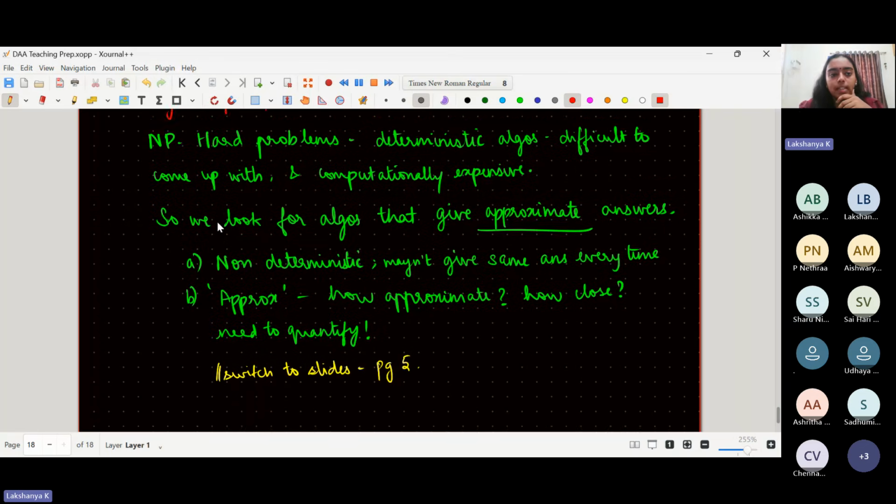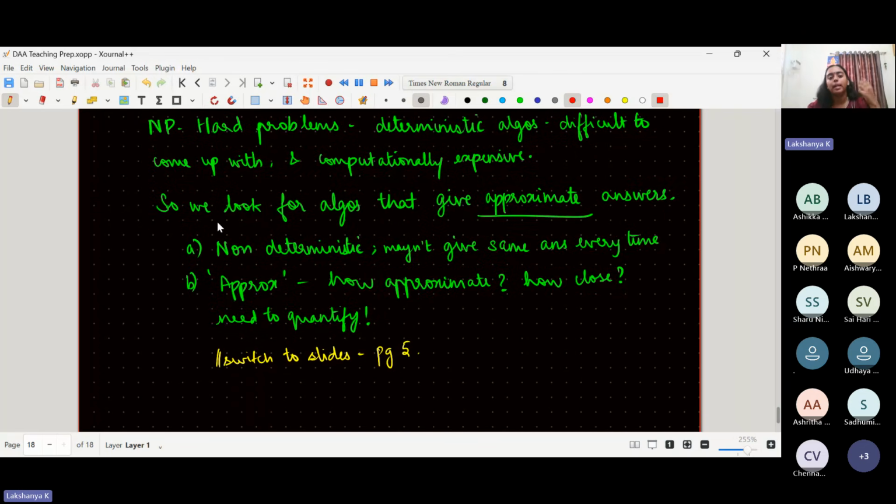Now, why did I talk about this? NP-hard problems, which we saw yesterday, are the hardest class of problems to exist. It is not always easy to design a deterministic algorithm. Even if you design it, to implement that and find the solution might be very expensive. For example, the classic example, traveling salesman.